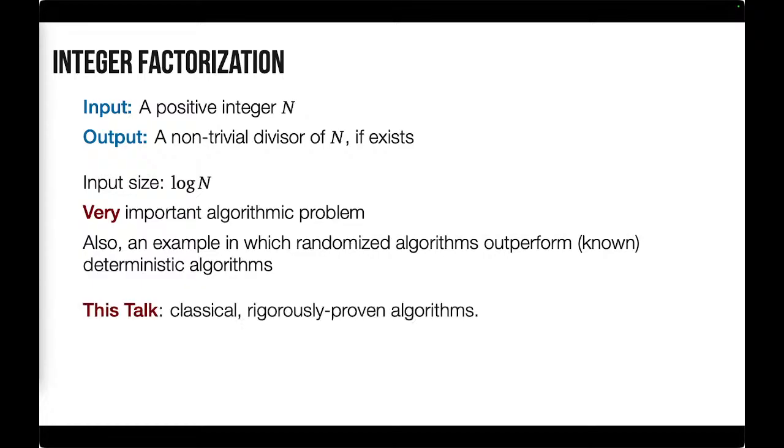One last comment maybe is that I focus on classical algorithms, meaning not quantum, and algorithms that we can actually prove things about. So again, not quantum algorithms and not heuristic algorithms. Of course, if you have a quantum computer, you can factor integers in polynomial time. You all know Shor's algorithm. Heuristic algorithms, I have nothing against them, but it's not the focus of this talk.